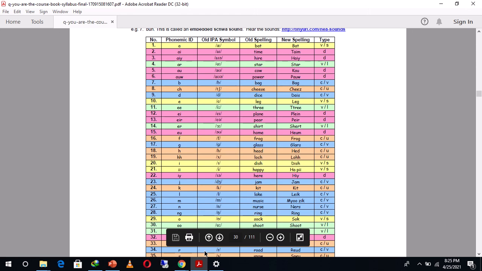You guys say water, but it's not water, it's water. So the R is basically unvoiced when it is used at the end or at the beginning of a word. Like you don't say ring, it's ring.